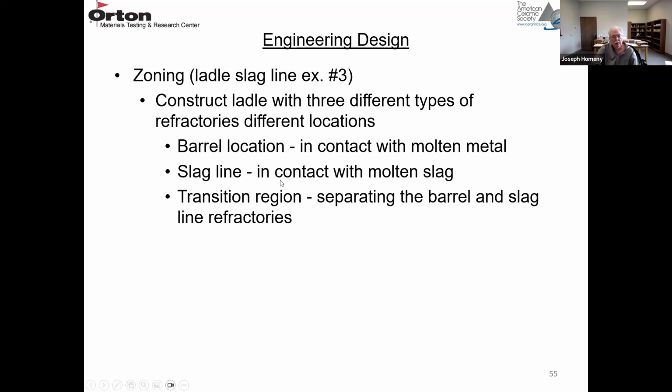At the slag line, which is in contact with molten slag, you use a different type of refractory. And then the transition region that separates the metal in the barrel and the slag that sits on top of the metal, you would have a different type of refractory. So you would probably use at least three different types of refractories to construct the ladle.